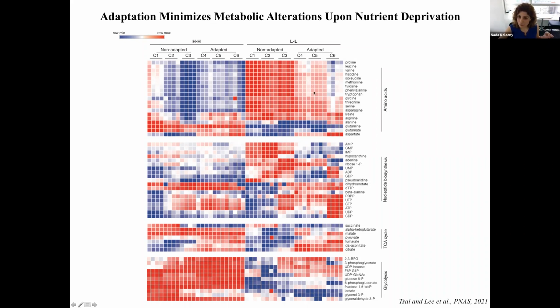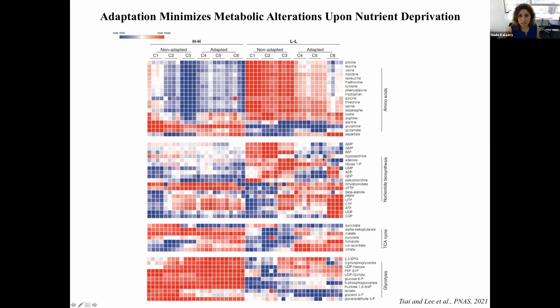You can see that there are still indeed higher levels of amino acids in the adapted clones under low conditions, but it's much lower than in the non-adapted clones, suggesting perhaps that these adapted cells are using these amino acids as a nutrient source to synthesize whatever they need for proliferation. Similarly, the nucleotide biosynthesis profile looks much closer to the one that we see under nutrient-replete conditions right here.